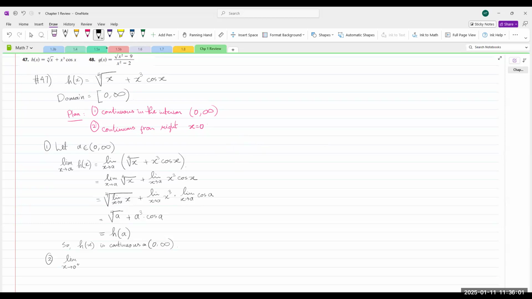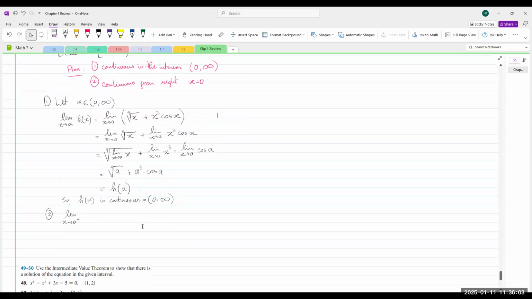Okay, so look at the limit of h(x) as x approaches 0 from the right-hand side. Okay, this is the limit as x approaches 0 from the right of the square root of x plus x cubed cosine x. Basically we did the same thing. We will get this is h(0).